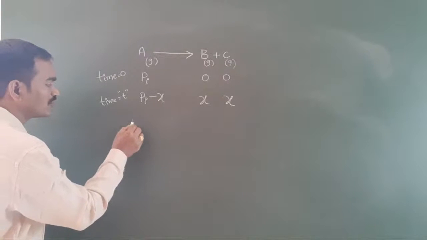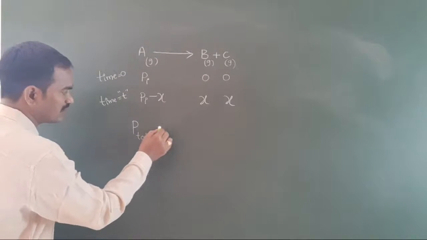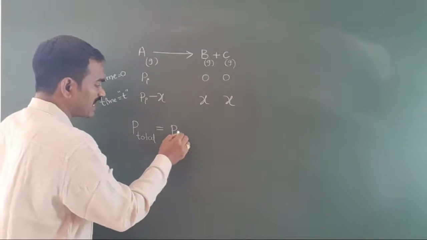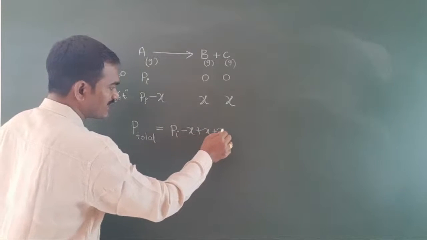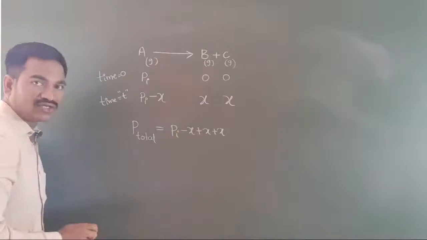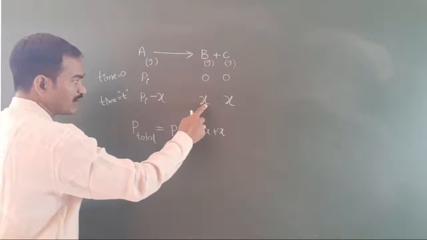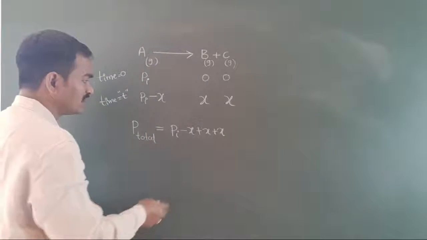Now what I am going to tell you is P total. P total is equal to what? At time t, total pressure is Pi minus X plus X plus X. Now you see the cancellation.